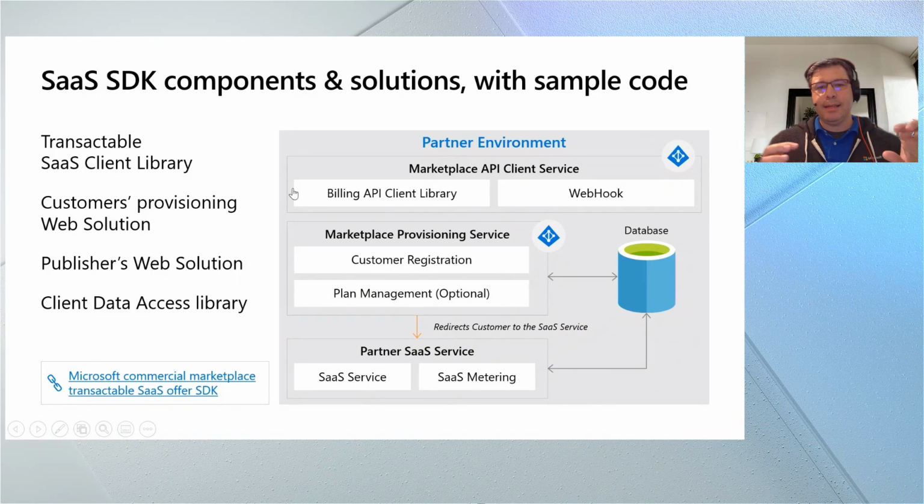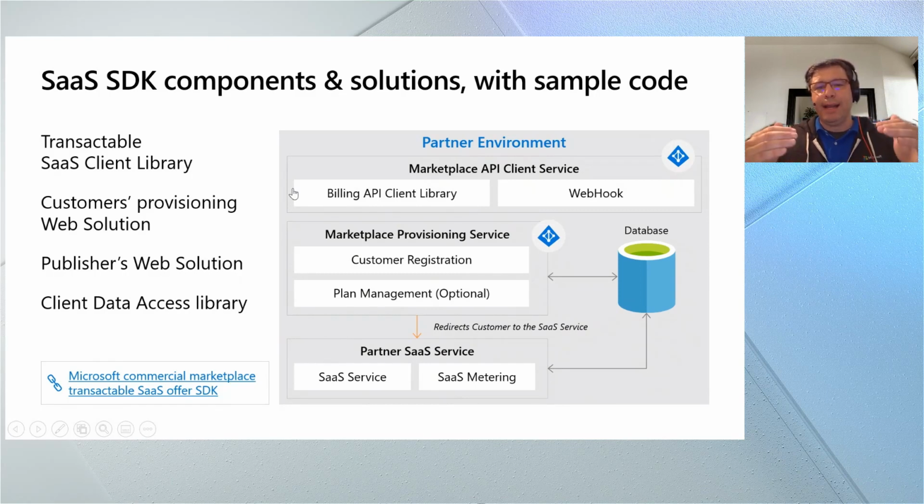The last two parts are two web solutions. One allows you to provision the customer. As you saw in the experience Marilyn was showing, the customer gets redirected and then registered on the solution from the CI/CD solution they were purchasing.